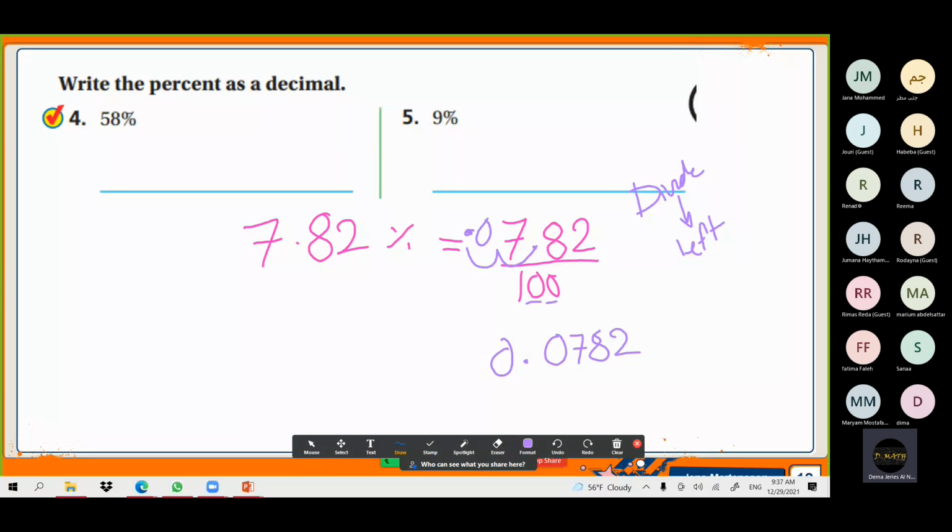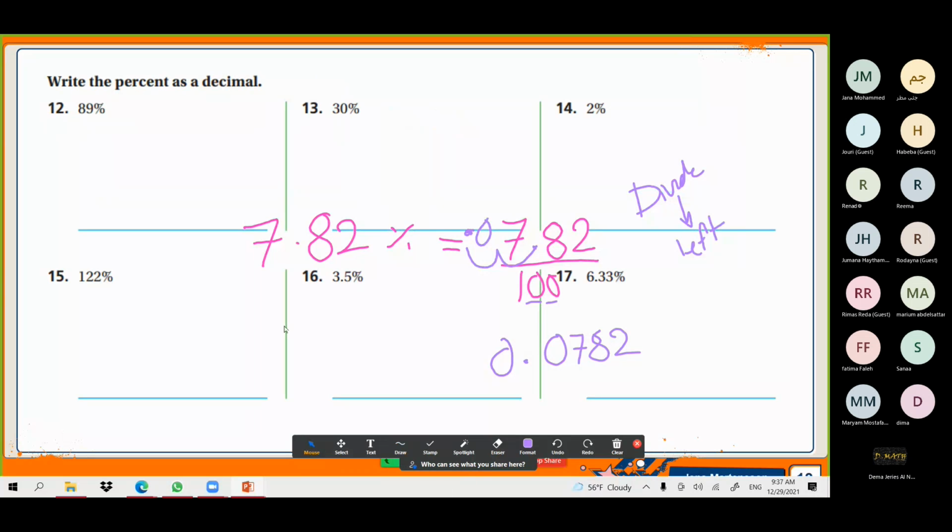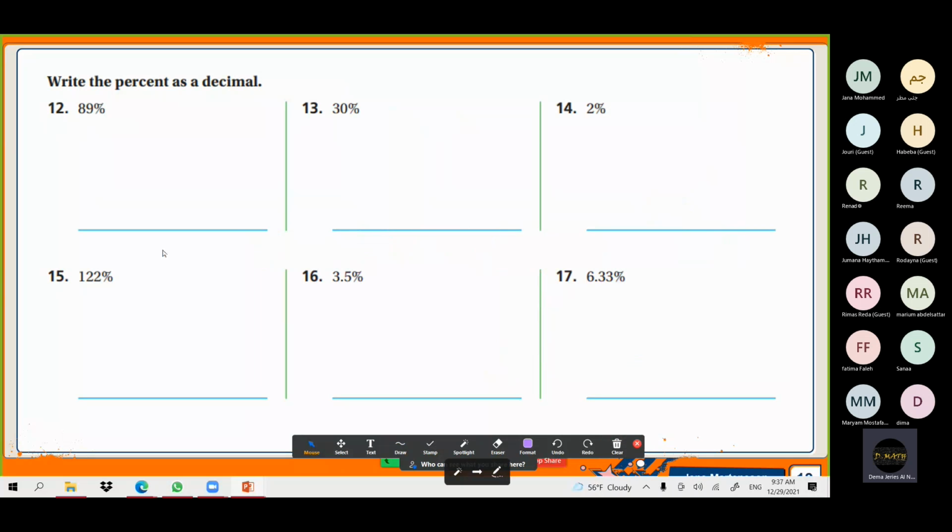Now, have you finished? Yes. Okay. Now number 12.